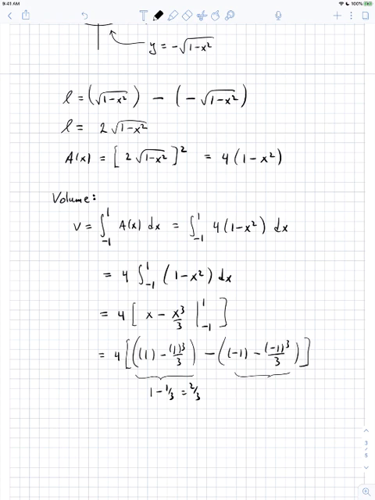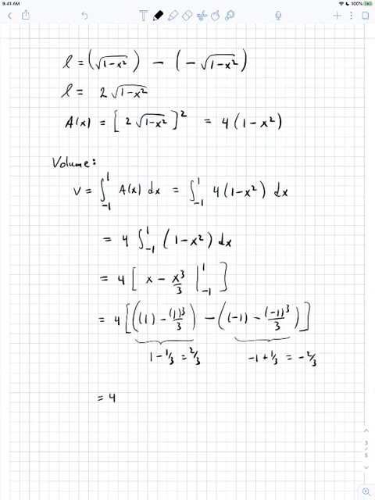Over here, we have minus 1 plus 1/3, which is minus 2/3. So we have 4 times 2/3 minus a minus 2/3. Again, minus a minus is plus, so that's 4/3. So you end up with 4 times 4/3 is 16/3.